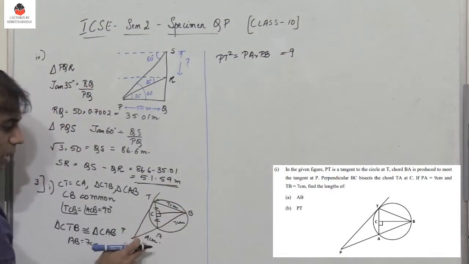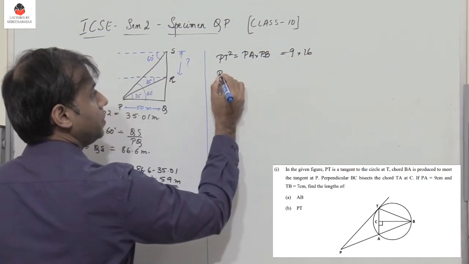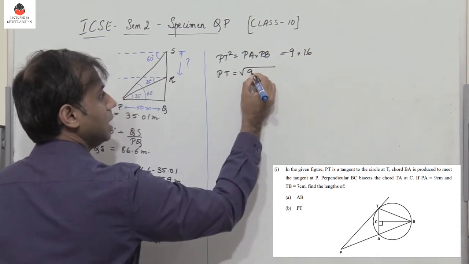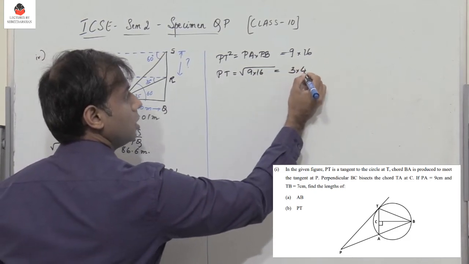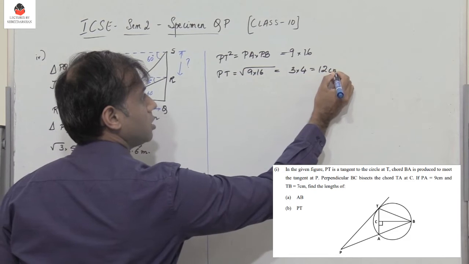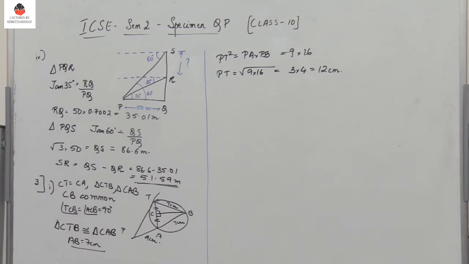What is PB? 9 plus 7, which is 16. So PT is root of 9 into 16. Root 9 is 3, root 16 is 4. So you get 4 into 3, which is 12 centimeters. So PT is 12 centimeters, and that is what we had to find. PT is 12 centimeters and AB is 7 centimeters, which we have already found.